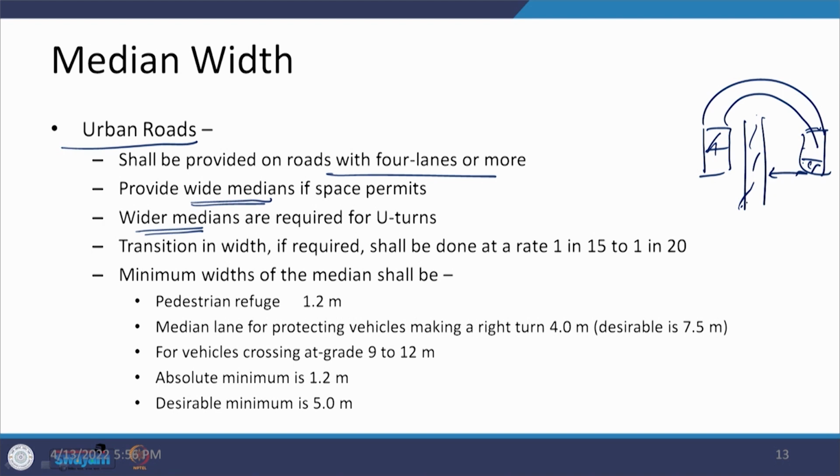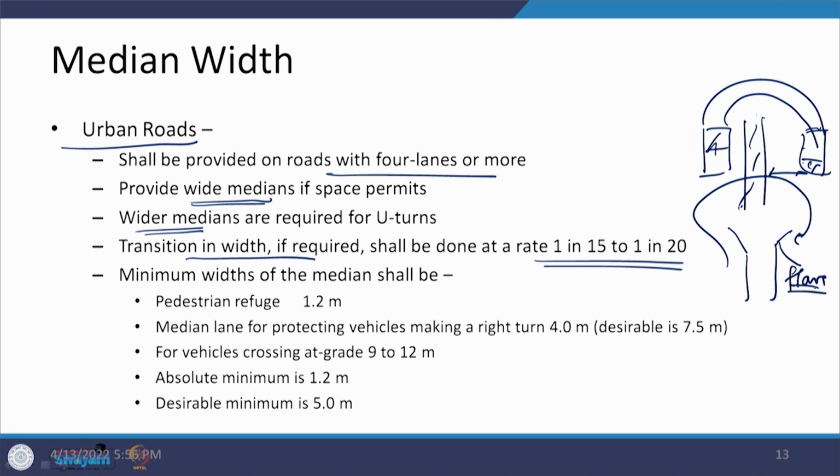But if this median has been widened at this point, you allow a driver to take a turn with a higher radius and that is how it becomes smoother. Transition in width, if required, shall be done at a rate of 1 in 15 to 1 in 20. In the shoulders we talked about 1 in 25 there. So, if this type of a flare or a change is there, then the rate is 1 in 15 to 1 in 20.